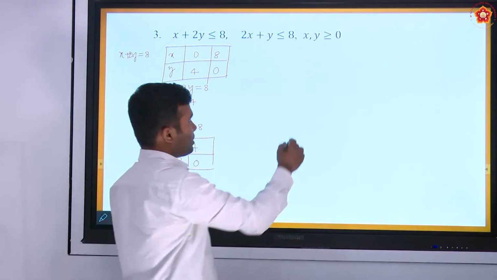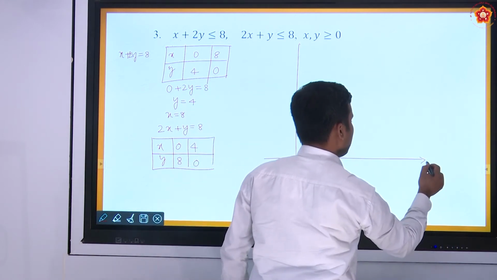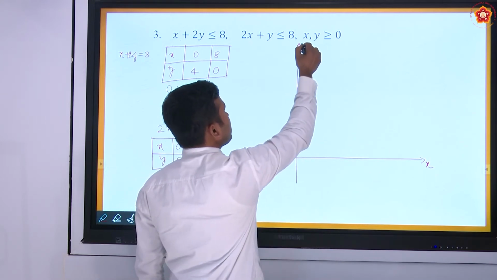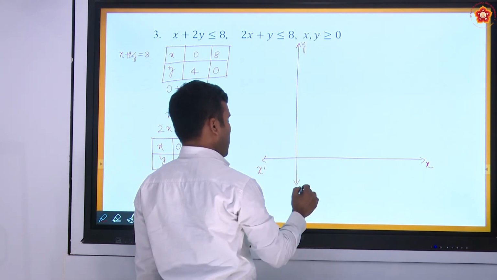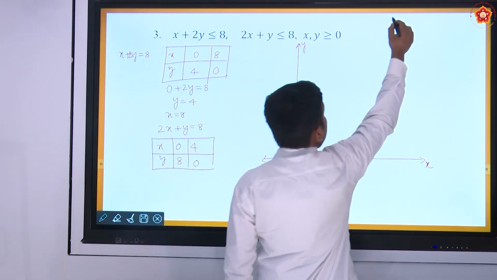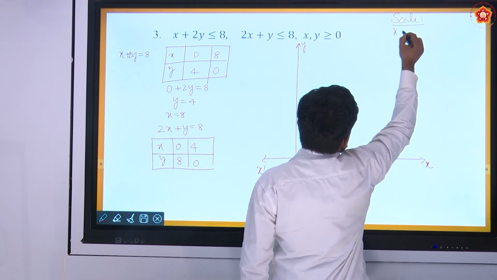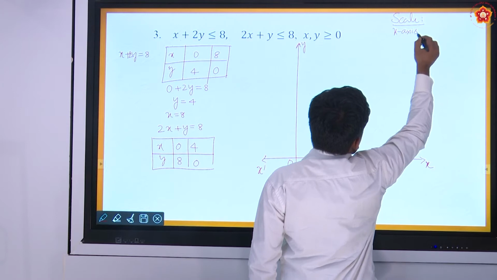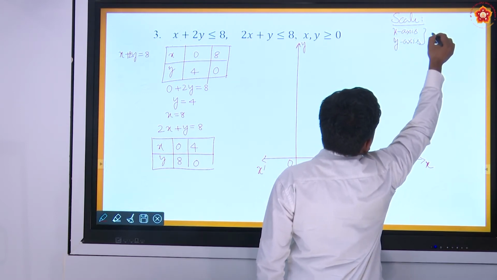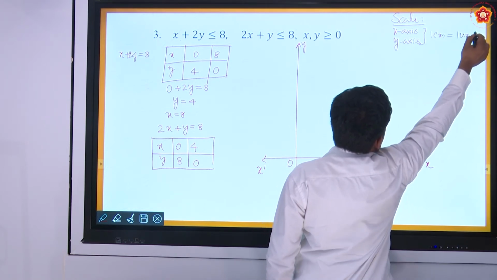So let us represent this in the xy plane: x axis, y axis, origin. Scale you may take here, x axis and y axis, both you may take similar, that is 1 centimeter is equal to 1 unit.